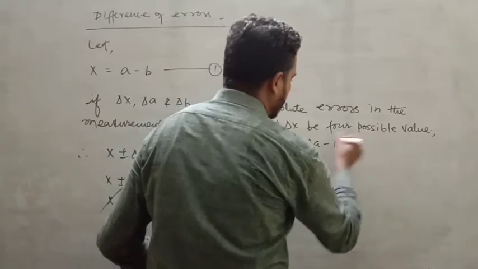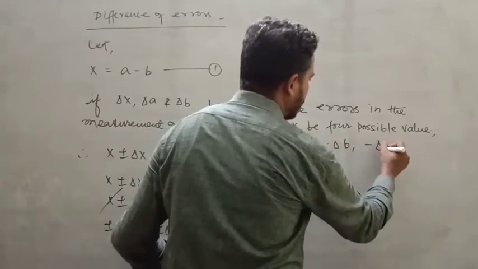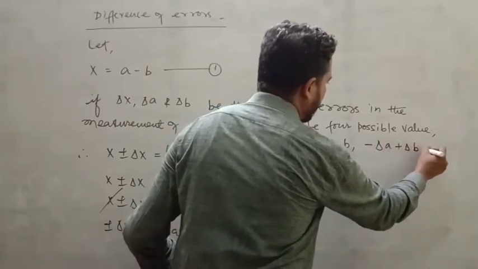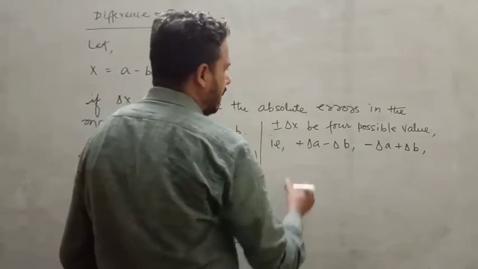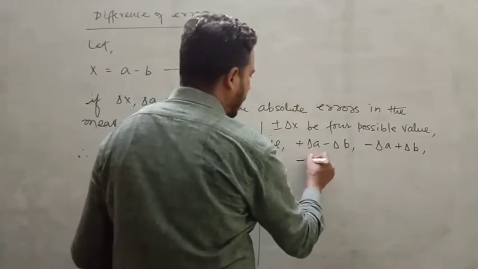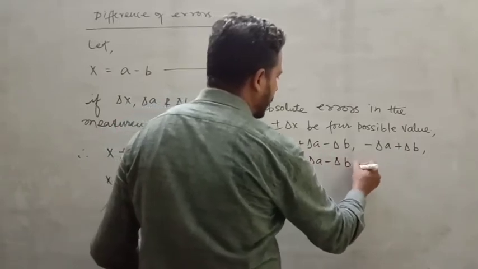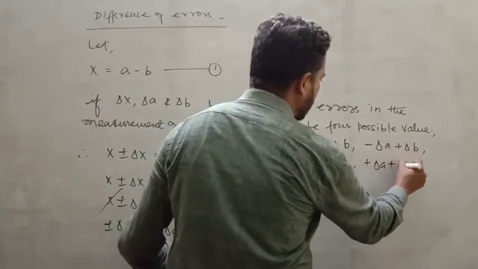Now if this one is minus and this one is plus, so minus delta A plus delta B. The third is where all are negative, like minus delta A minus delta B, and the last one is where all are positive, plus delta A plus delta B.